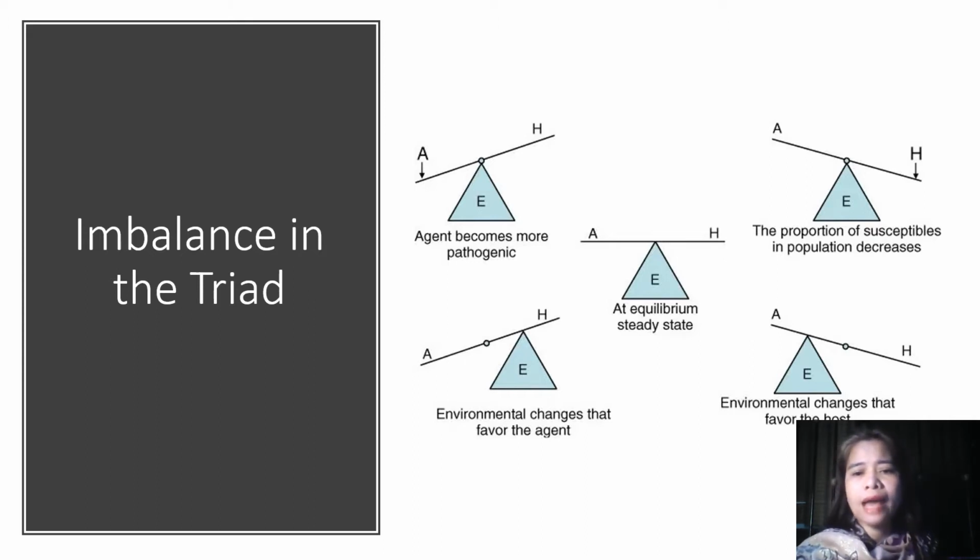On the other hand, when the proportion of susceptibles in the population decreases and environmental changes favor the host, then if the environment favors the host, disease will not set in. And this will provide us with a steady equilibrium state. So disease usually sets in when the agent becomes more pathogenic and the environment favors the growth of the agent.